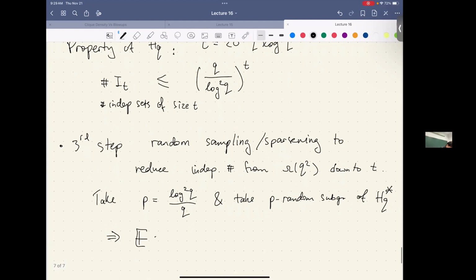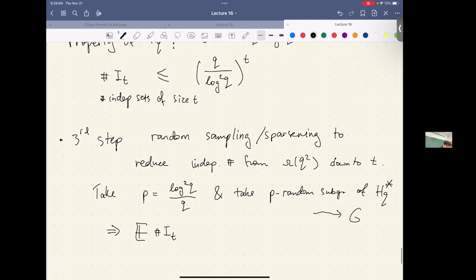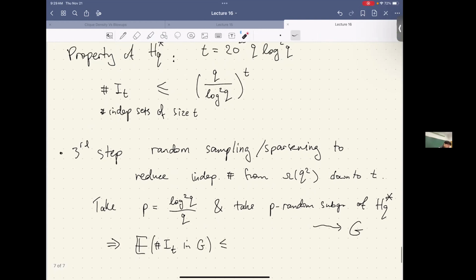Let's call the final graph G. Now the expected number of independent sets of size T in G is at most this number times P to the T, right? Which is 1.